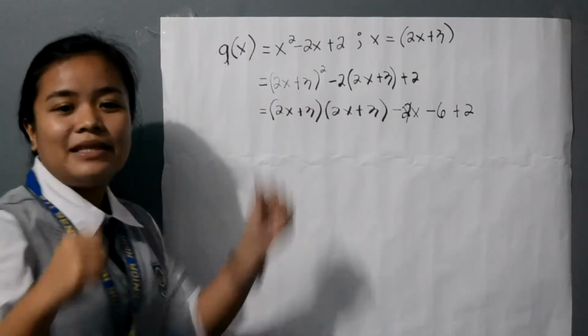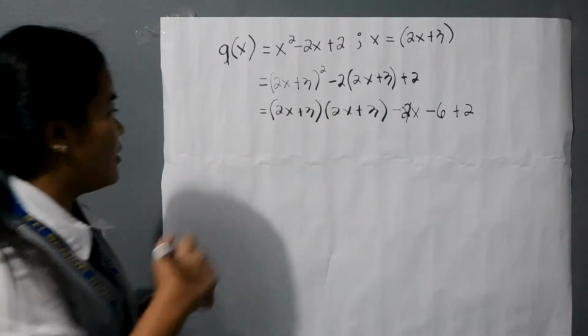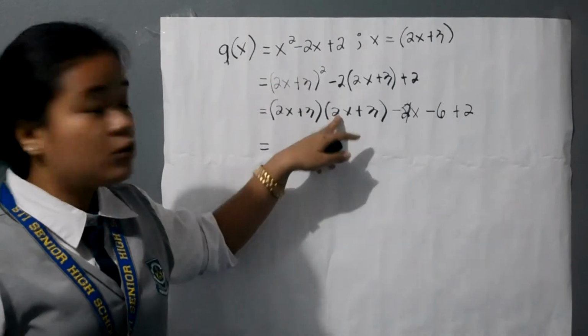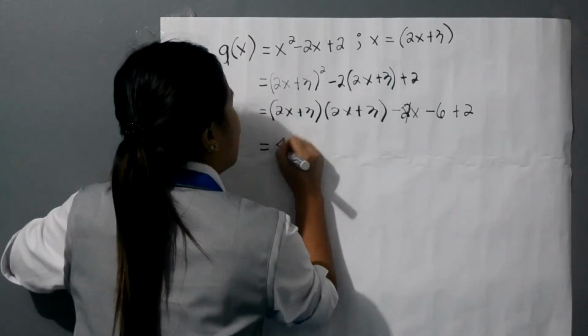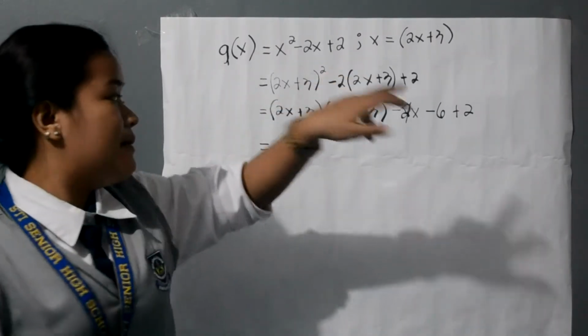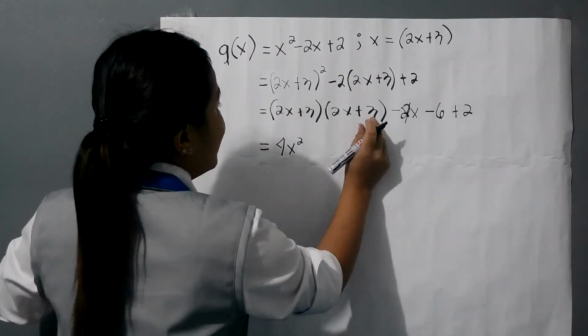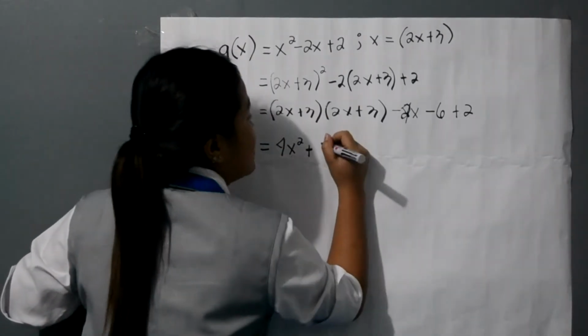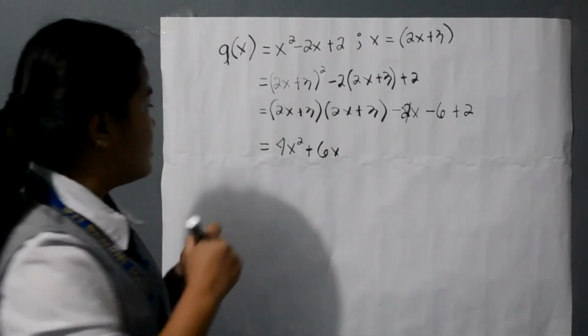Gagamitan na naman natin to ng FOIL method. 2x times 2x equals 4x squared. 2x times 3 is equal to plus 6x.